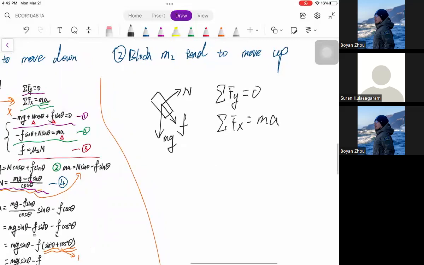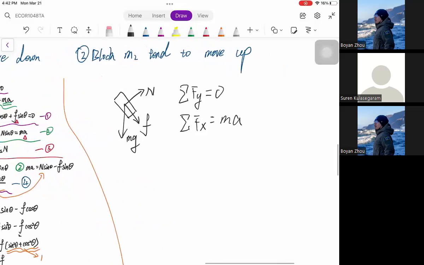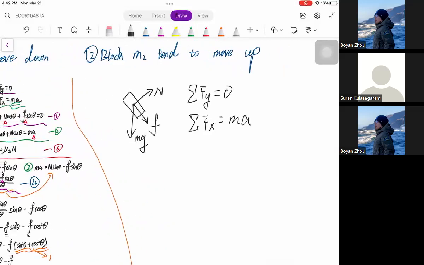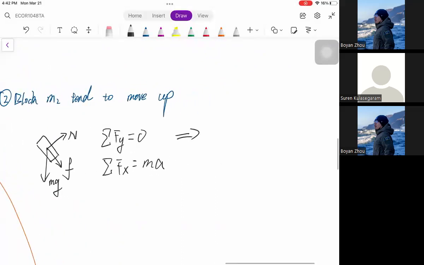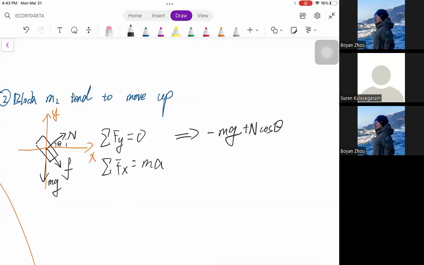So from Fy equal to 0, we can get, I'm just going to write it down, negative mg, which is the y component, negative mg pointing down, plus N times cosine theta. This is theta, so cosine theta is... no, that one is not sine.